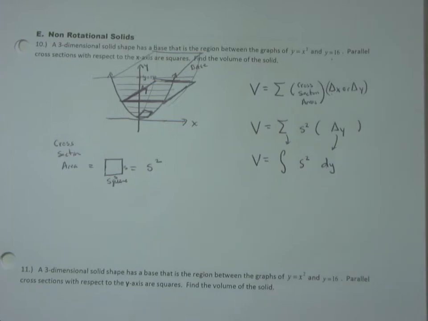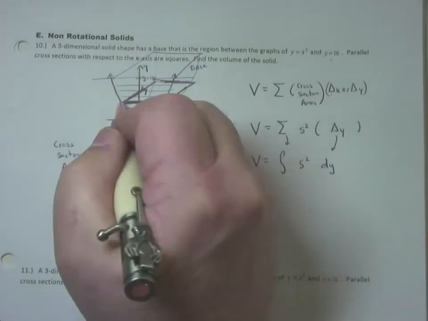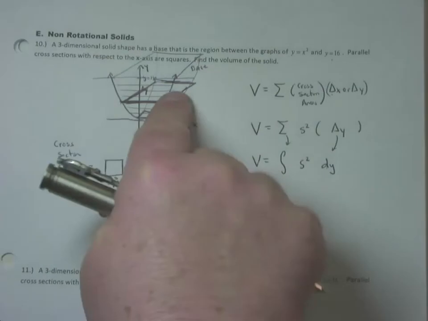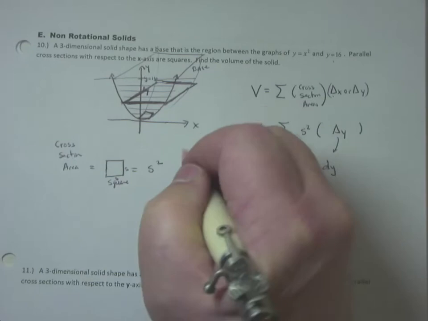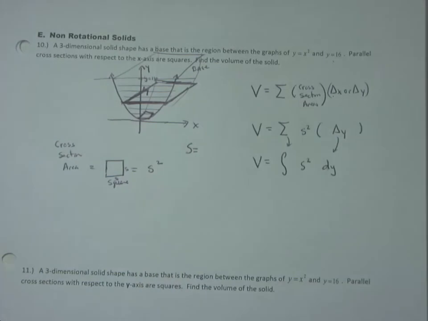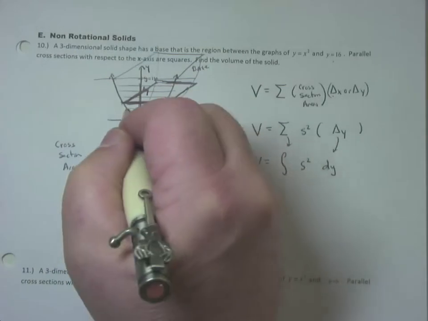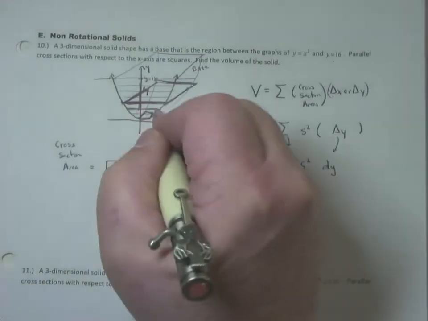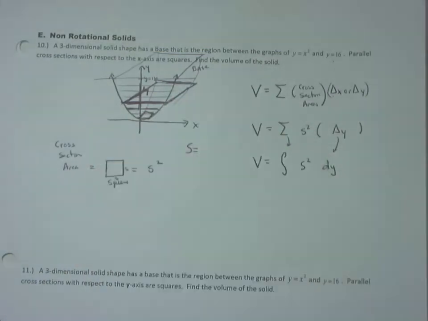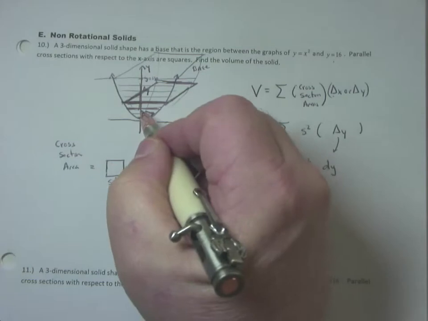But watch. Now, here's the deal. This is a side, and one of the sides is actually in your base. So what is the side? Watch this. Maybe my picture's throwing you off a little bit, so I'll look at this little guy down here. We're talking about a side, but the sides are basically horizontal, and here's the side right here, and the y-axis splits it down the middle.